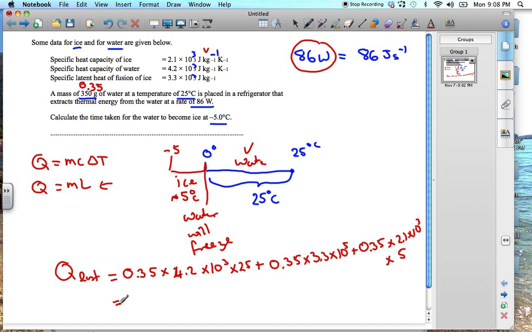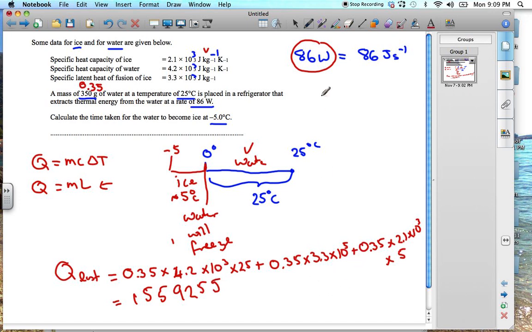So it's 0.35 times 4,200 times 25 plus 0.35 times 3.3 exponent 5, plus 0.35 times 2,100, that is 2.1 times 10 to the 3, times 5, and I get 155,925 joules. Now that's the heat.